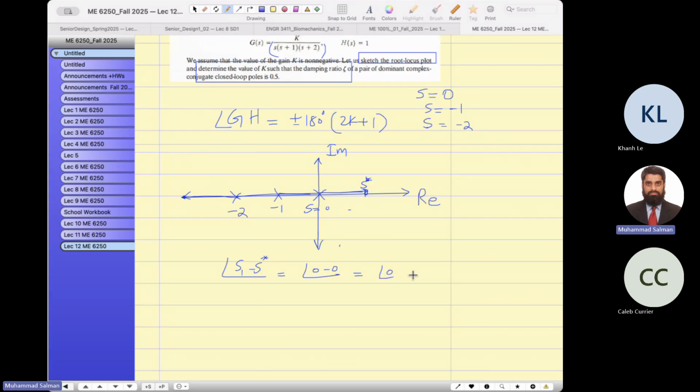What is the angle of 0? It is 0 degrees. Pole 2 minus s star. And for pole 3, it is again 0.